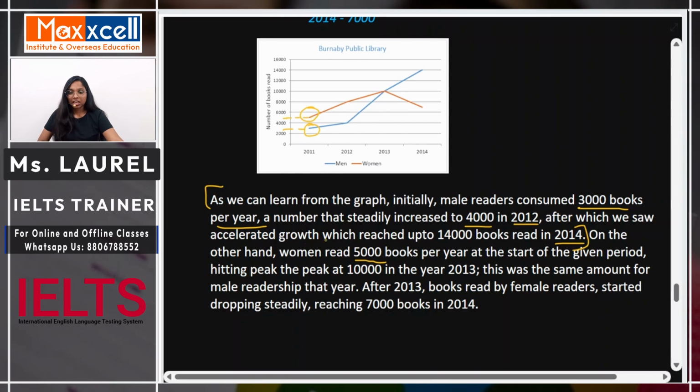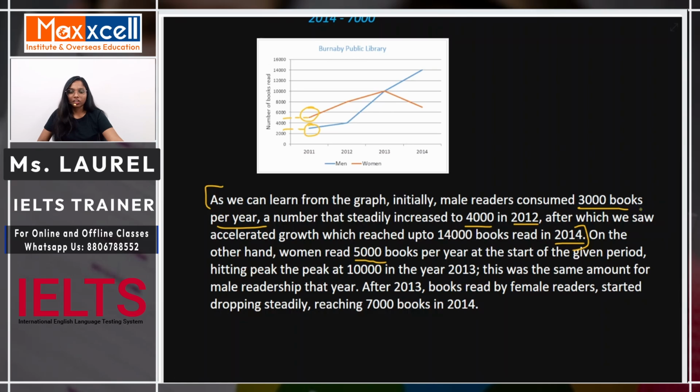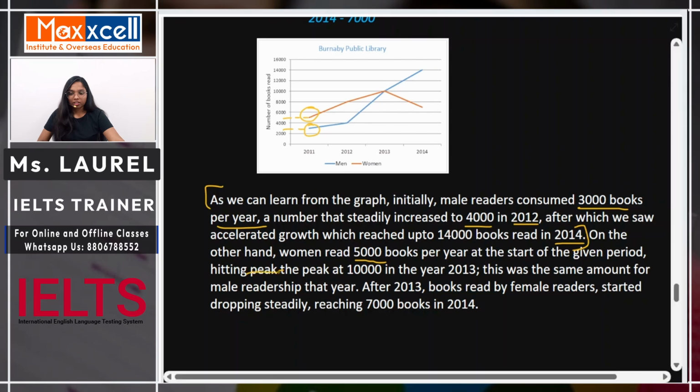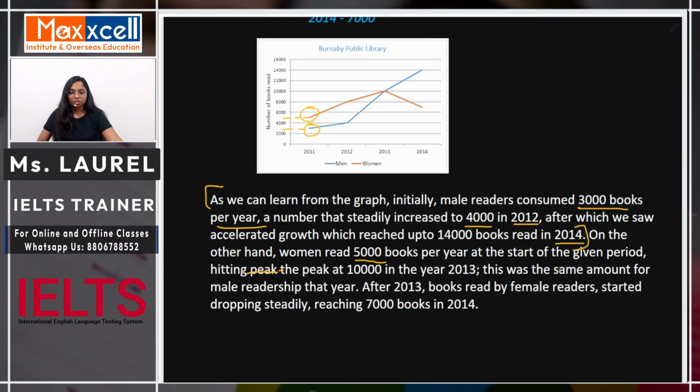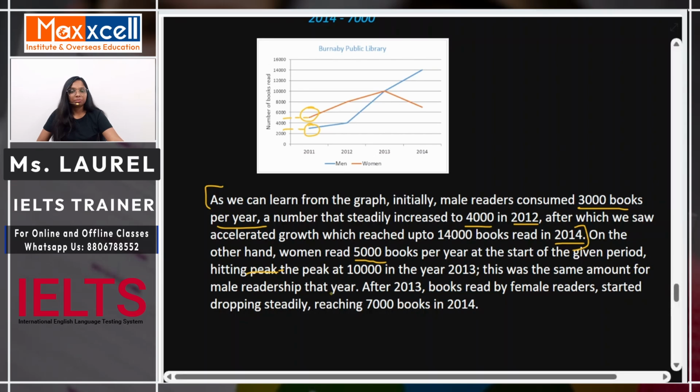On the other hand, women read 5,000 books per year at the start of the given period, hitting the peak at 10,000 in the year 2013. This was the same amount for male readership that year. Here we have covered the point where this coincidence is mentioned.